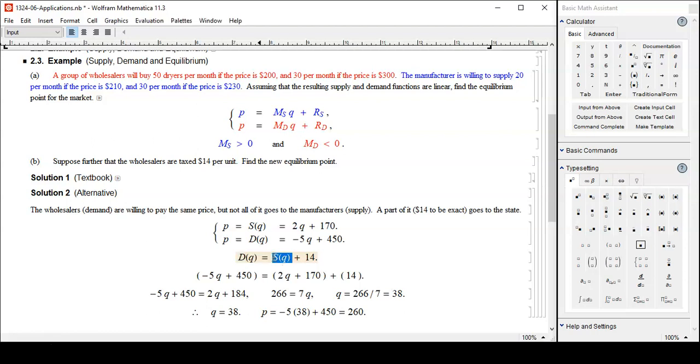Part of it goes to the seller, and another part goes to the taxman, to the government. So the demand is supply plus tax. Okay? The price the consumer pays is the price tag plus tax. Does it make sense now?